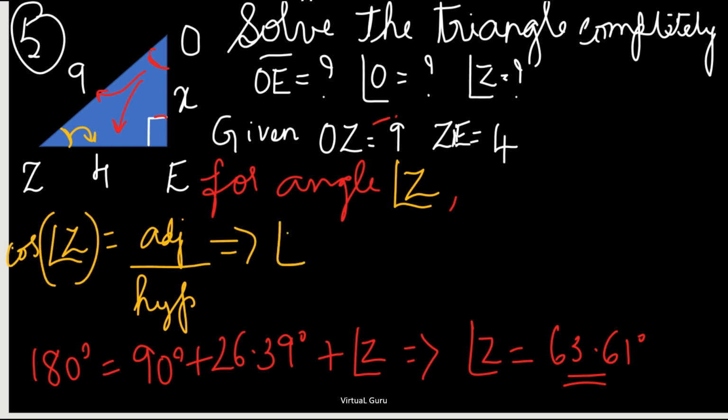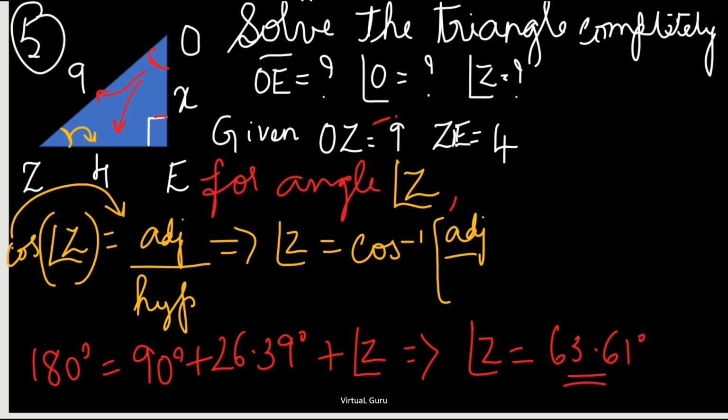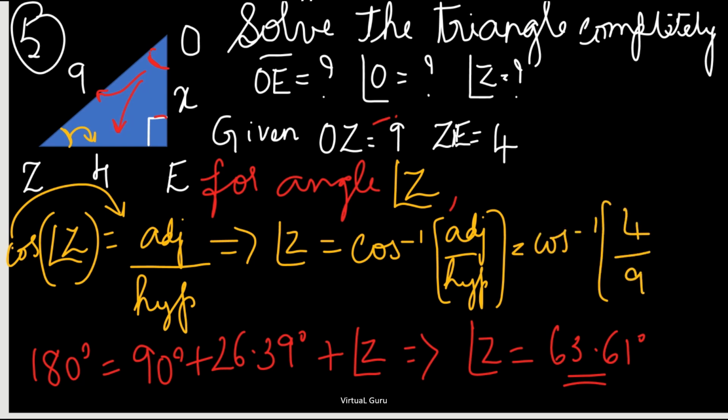So now angle Z is nothing but, bring the cos term to the right hand side, that will be cos inverse of adjacent by hypotenuse, that is equal to cos inverse of what is adjacent is 4 and hypotenuse is 9.